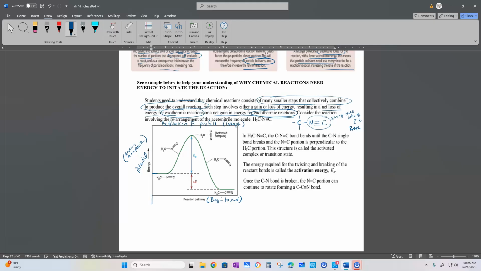Right here at the origin, the reaction hasn't started yet. Basically, it's the beginning. In the beginning, all you have is this triple bond. That is your reactant. That's all you have.